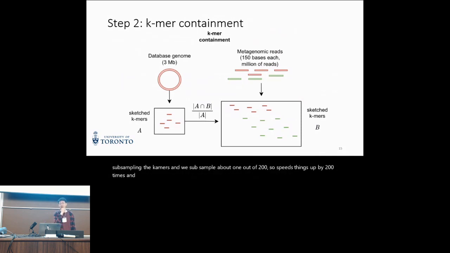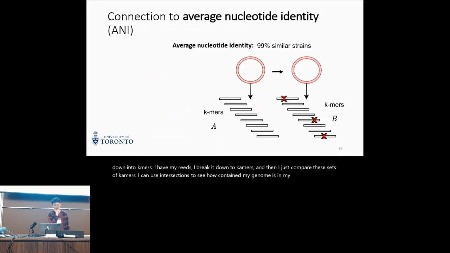And the next step is called k-mer containment. I have my reference genome, I break it down into k-mers. I have my reads, I break them down to k-mers, and then I just compare these sets of k-mers. I can use intersections to see how contained my genome is in my reads. And there's an important connection to average nucleotide identity, or ANI here, that was already discussed before.